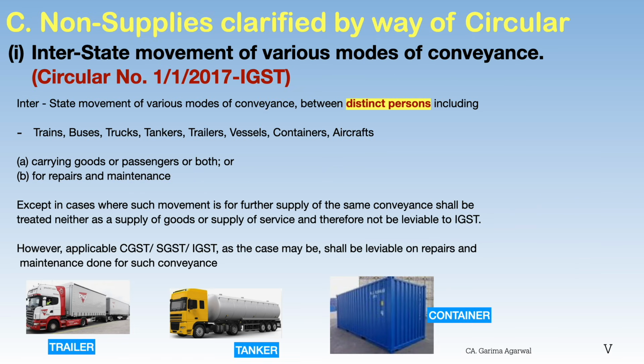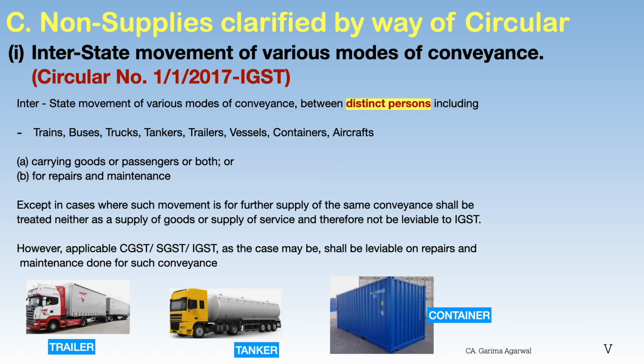Now let's discuss non-supplies, that means activities which are not treated as supply of goods nor services, as clarified by way of circular. First up is Circular number 11/2017 IGST. The core concept is that there should not be any IGST on the movement of conveyances under GST when it is made between distinct persons.